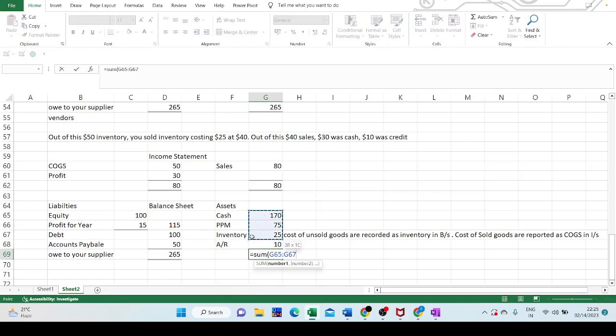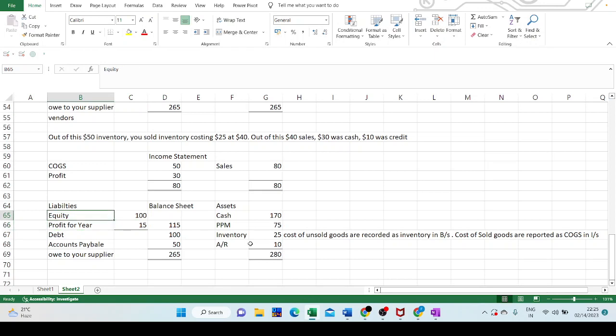So my asset side total is 280, right? Guys, my profit for the year is now 30, so I'll just replace 15 with 30. So you can see that my balance sheet has tallied, right? The asset side and liability side totals are equal, right?